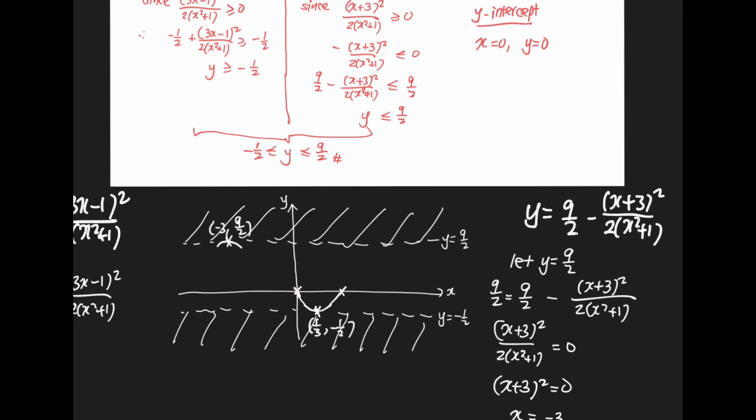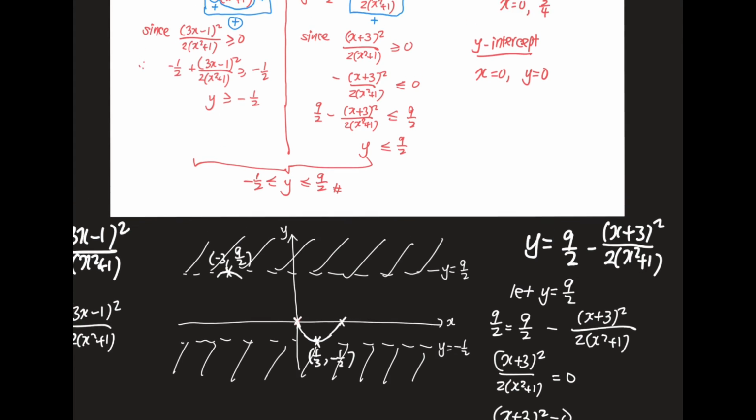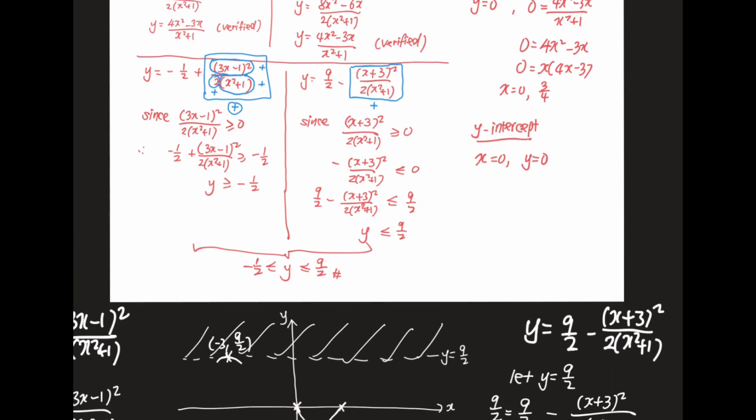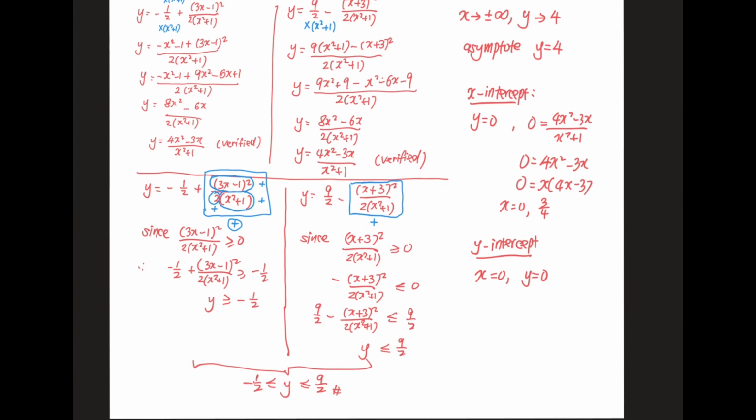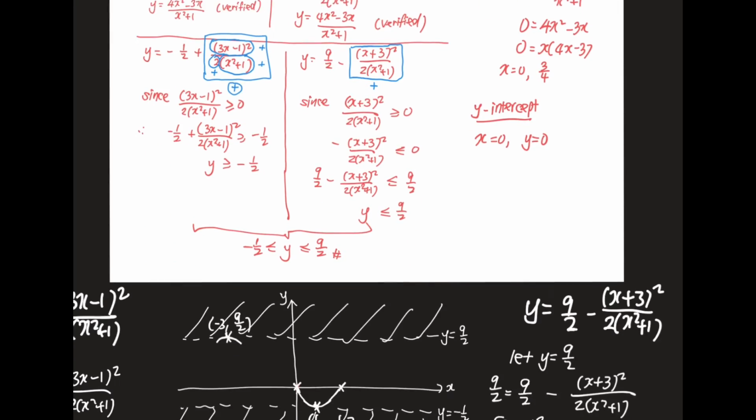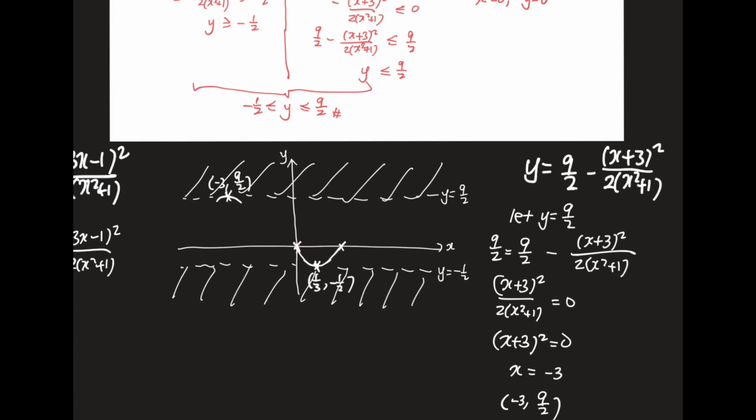Then we have y equal to 4 as the horizontal asymptote. So we know that y equal to 4 is somewhere here. So we draw a horizontal line, y equal to 4. Okay, so that is the horizontal asymptote.